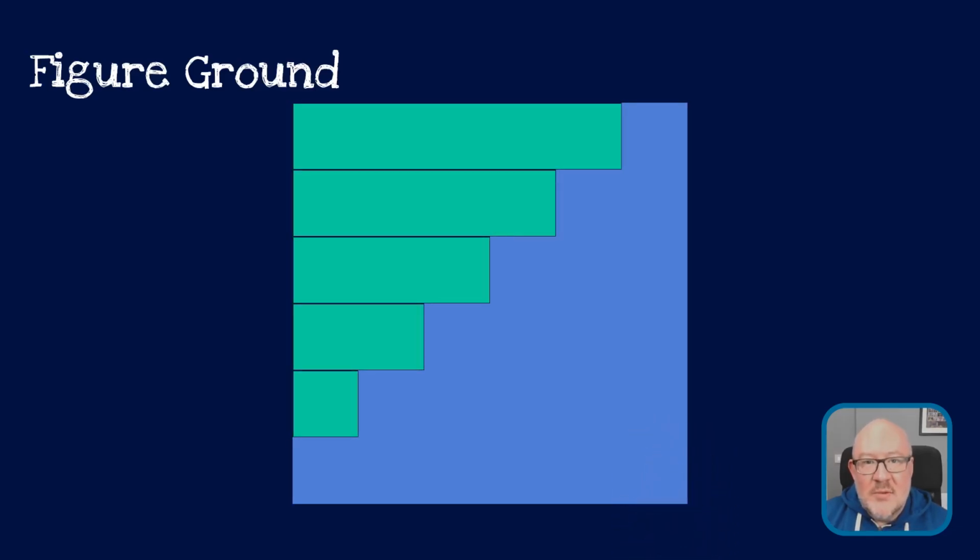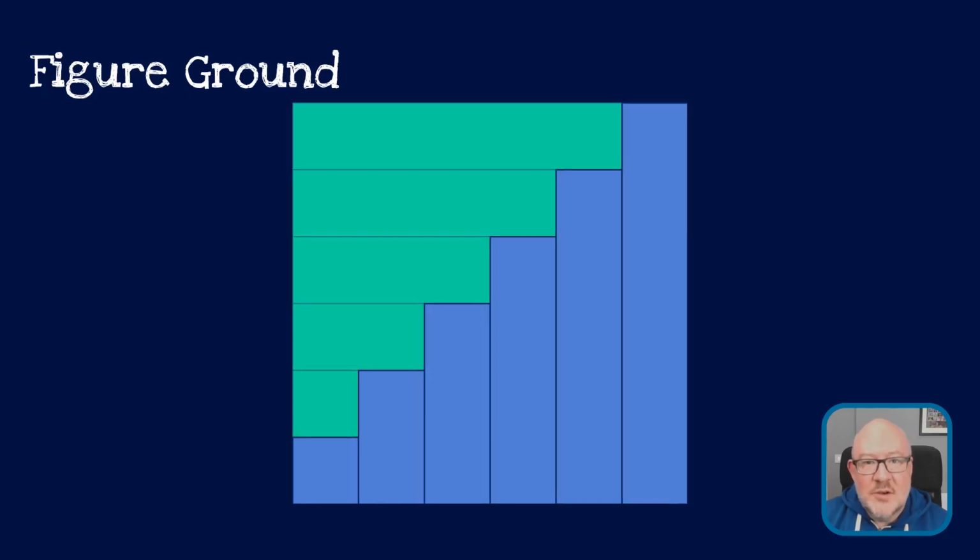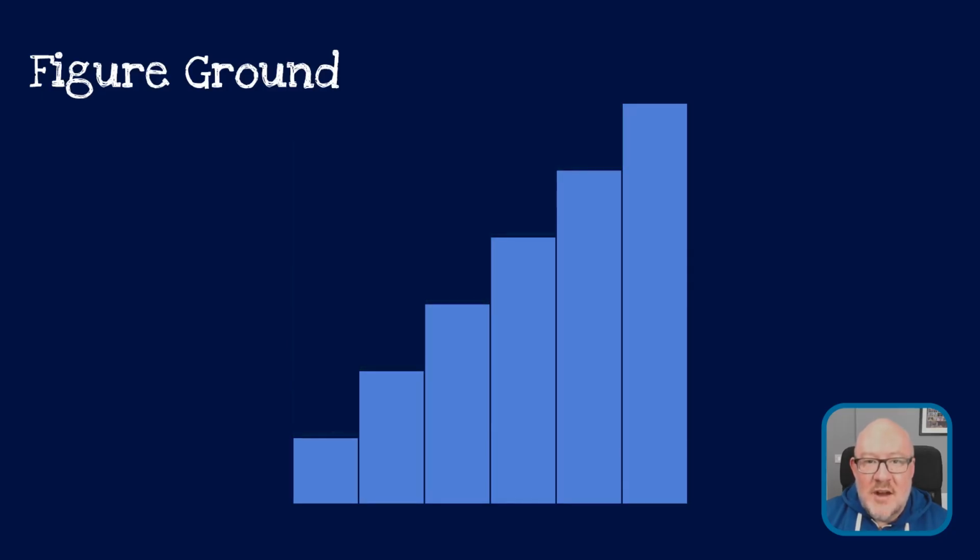In its current state, we can't tell if this chart is horizontal bars or vertical columns. So to aid understanding, the background part of the chart should be a very subtle background color, ideally the same background color as the rest of the visualization. And to just separate out the data items a little bit, put a narrow border around them to give them a bit of space, again in the background color.